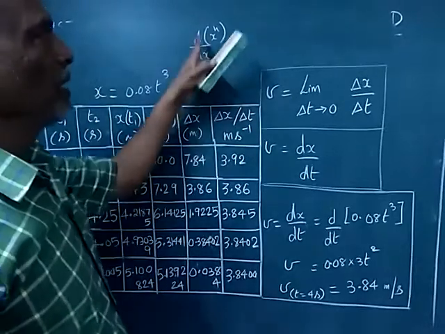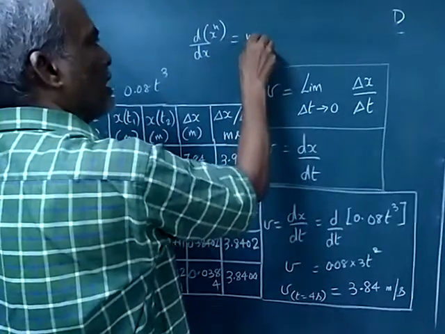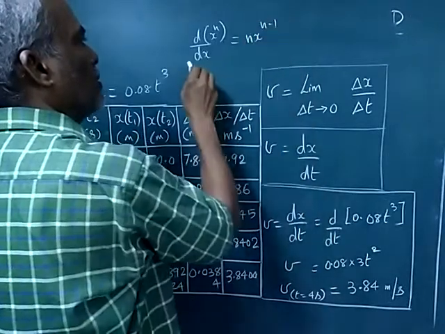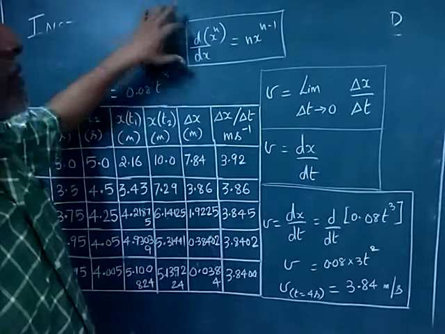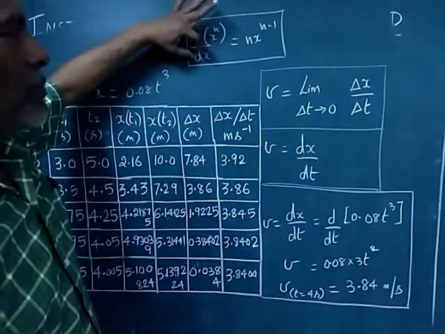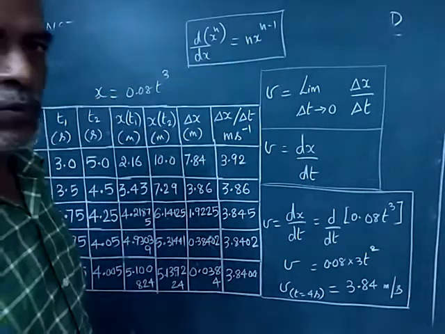Differentiating x power n with respect to x, the general formula is n x power n minus 1. So this is the formula we are going to use.